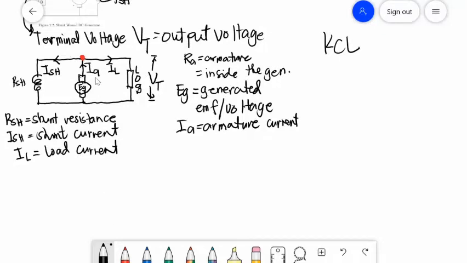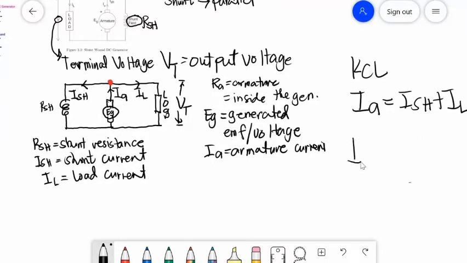Current entering is equal to the current leaving. IA is equal to ISH plus IL. ISH is equal to the terminal voltage divided by RSH.